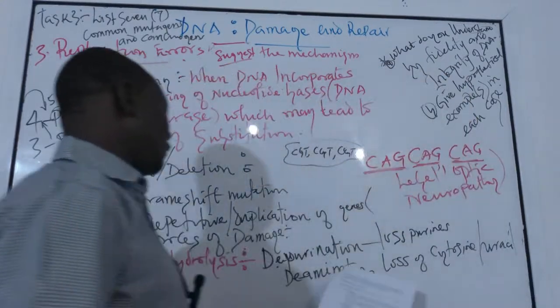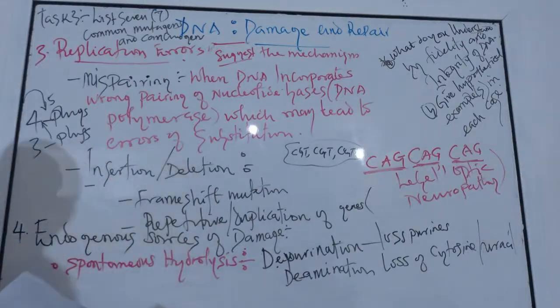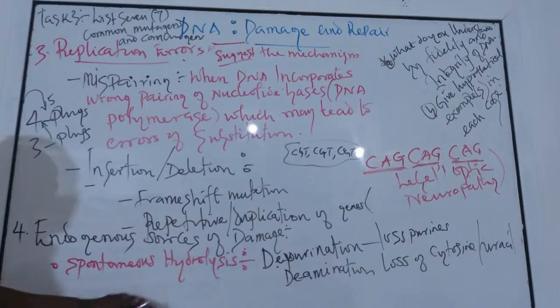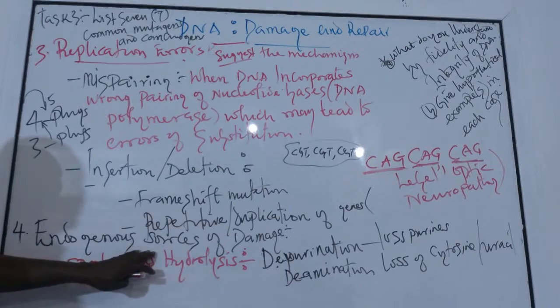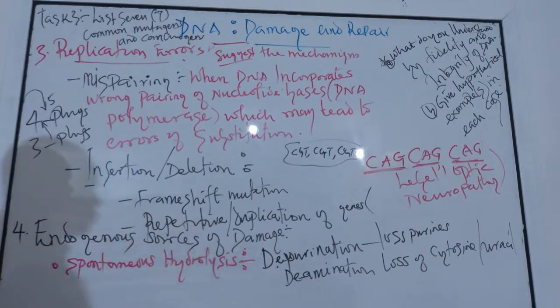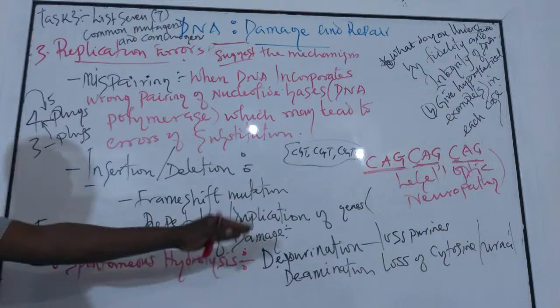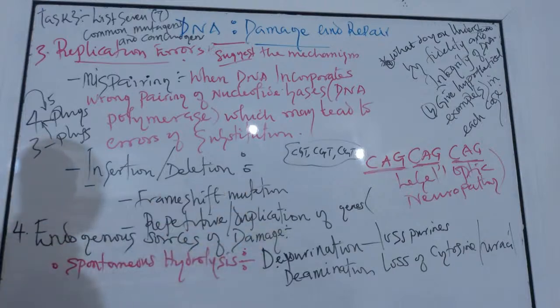So loss of cytosine and uracil is a result of spontaneous hydrolysis. That is when there is a sudden generation of water molecules with DNA, which leads to the error that results in loss of purine or loss of cytosine or uracil.